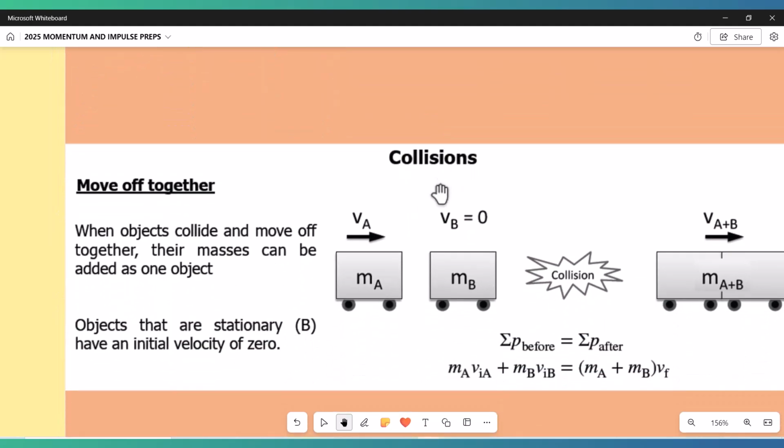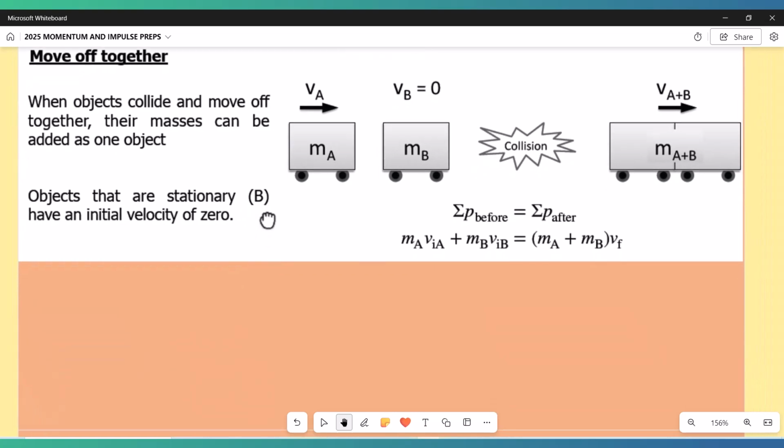Now we start with the collisions where they move off together. In this particular case, when objects collide and move off together, their masses can be added as one object. Like this one was at rest because v_B is 0 and v_A is not 0. So the mass of A collides with B, then after collision they stick together. So in our calculation, we say that total momentum before equals total momentum after.